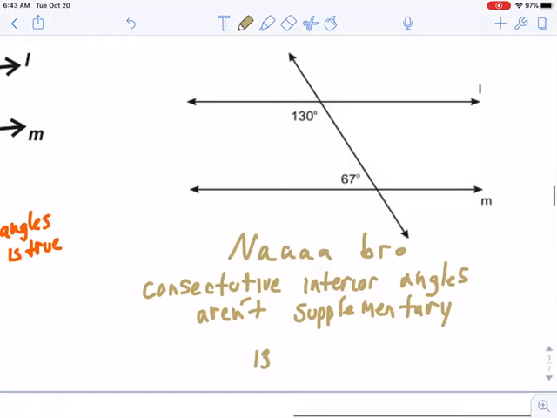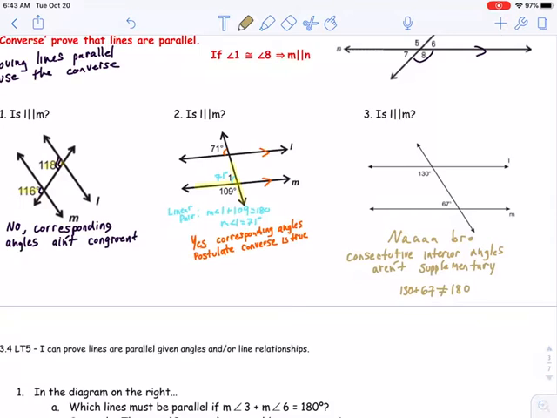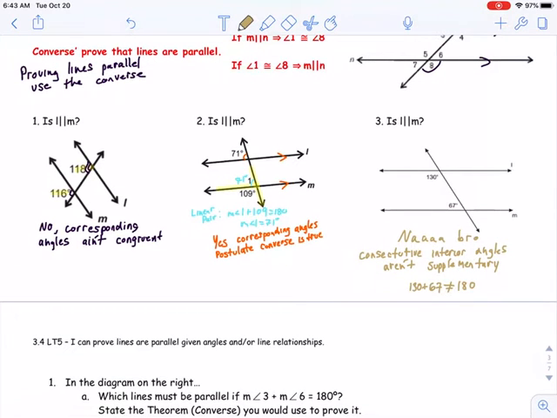All right, 130 plus 67, contrary to popular belief, it does not equal 180 degrees. So that's how we know that. Pretty cool. All right. So that's some basic applications of the converse of the theorems that we just talked about.